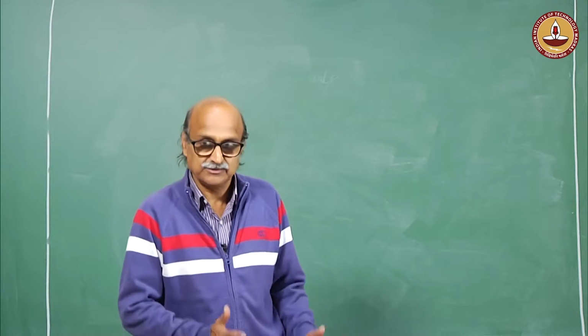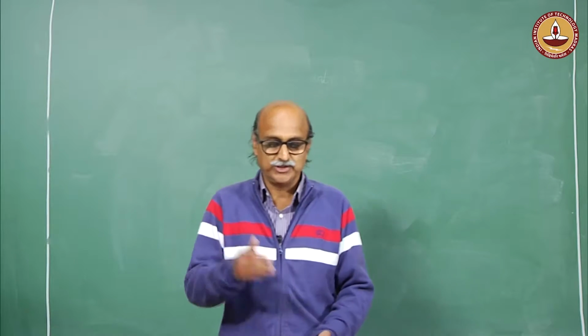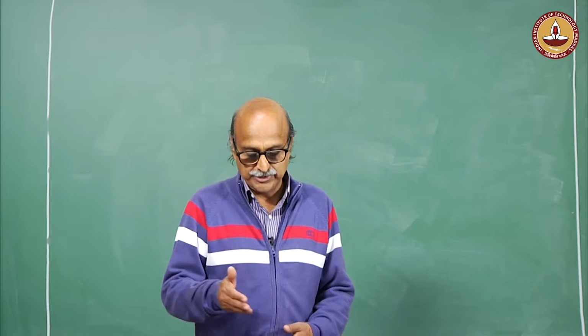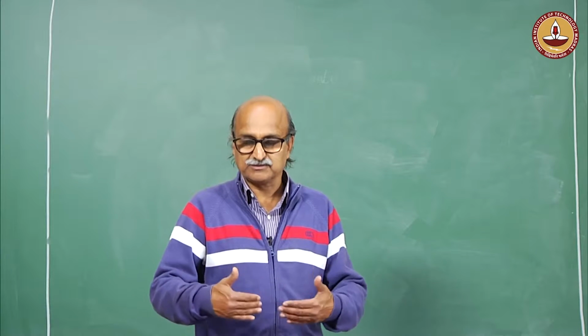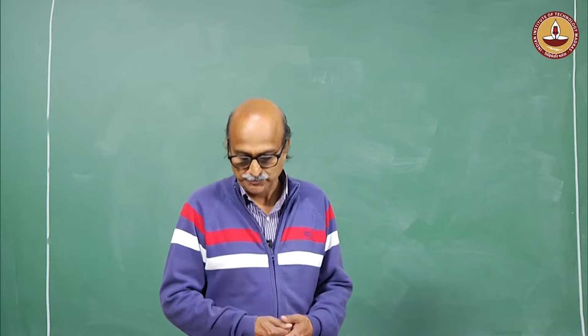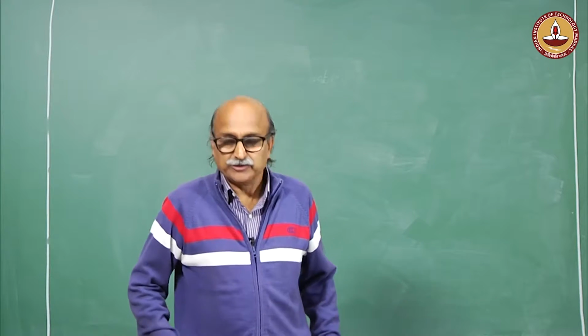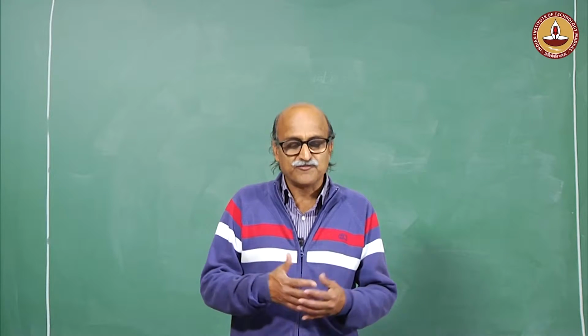So, just a simple extension of the idea from 2D to 3D. That gives you pi d cube upon 6 divided by volume L cube, and that is nothing but the volume fraction.